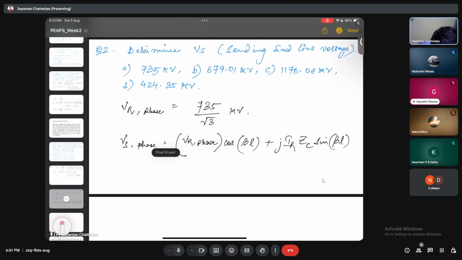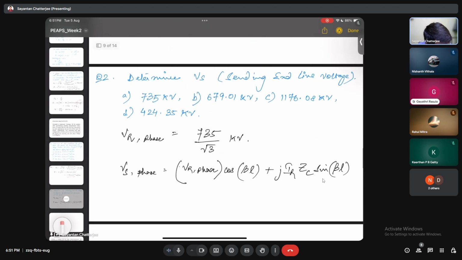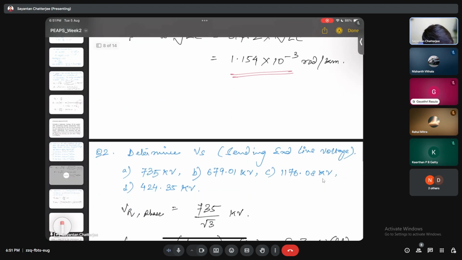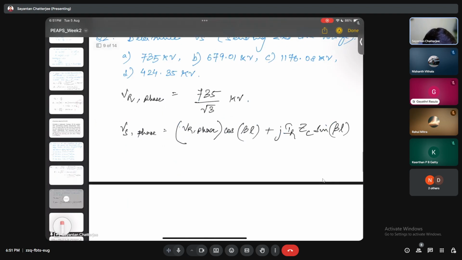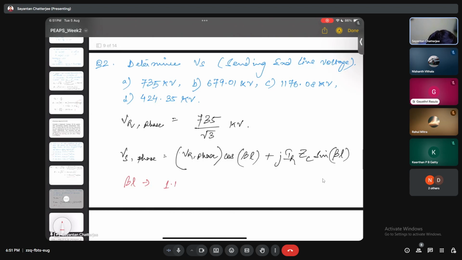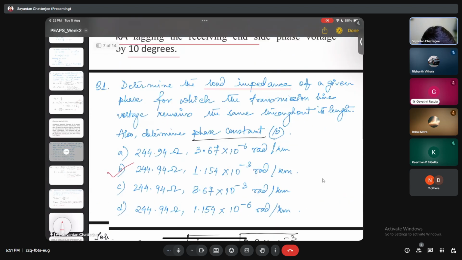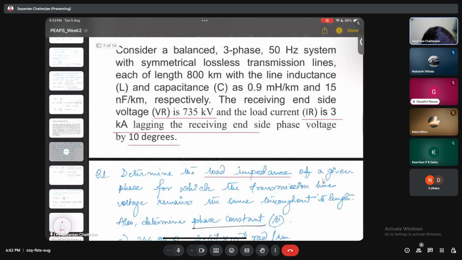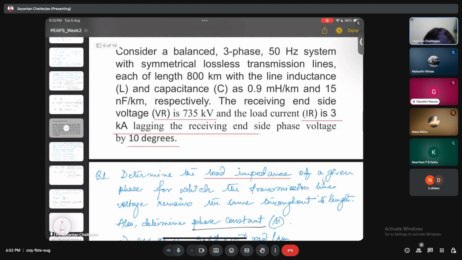So here two things we need to calculate. ZC we have already calculated, and beta we have already calculated, so beta L we just need to compute. Beta is 1.154 into 10 to the power minus 3, and L is 800 kilometers.